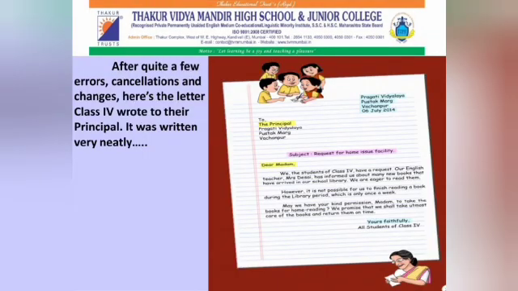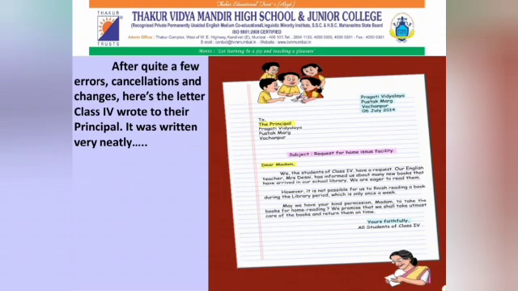After quite a few errors, cancellations and changes, here's the letter class 4 wrote to their principal. It was written very neatly. They all came together to draft a letter, and after quite a few errors, cancellations and changes, they were successful in writing the letter, and it was written very neatly as instructed by their teacher.